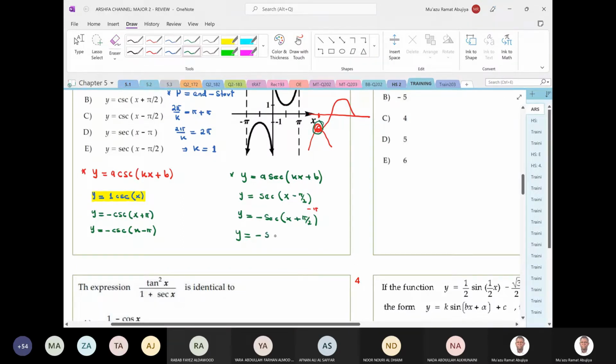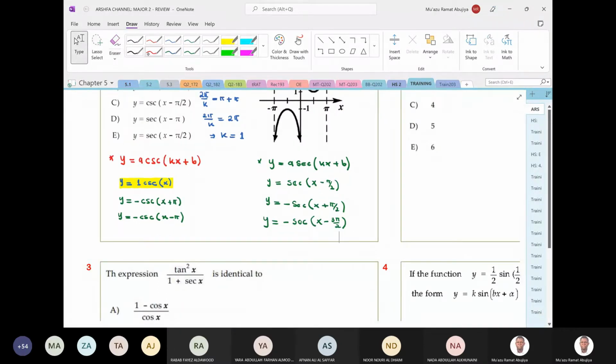So we have secant of x minus pi over 2, which is going to be minus 3 pi over 2. And that is going to be another equation. So you can see now all these equations represent the same graph. This one, this one, this one, this, and this one, all of them represent the equation of the same graph.